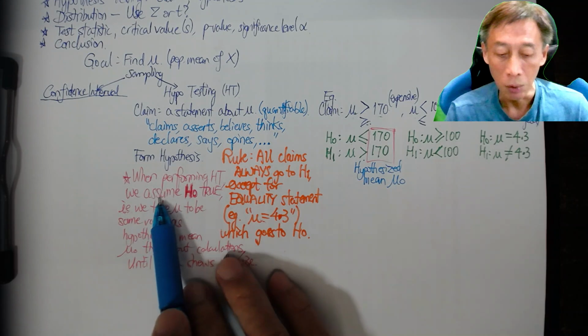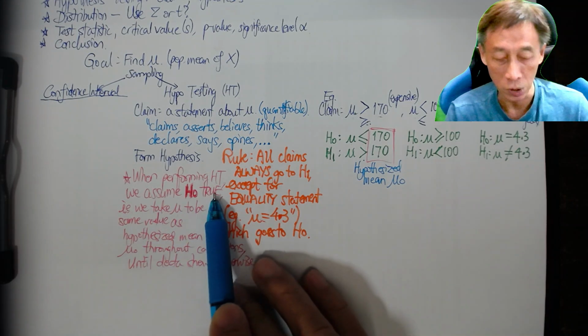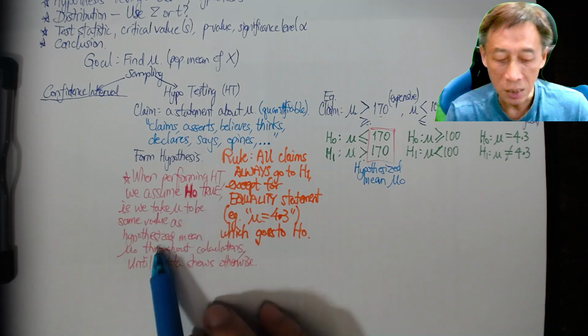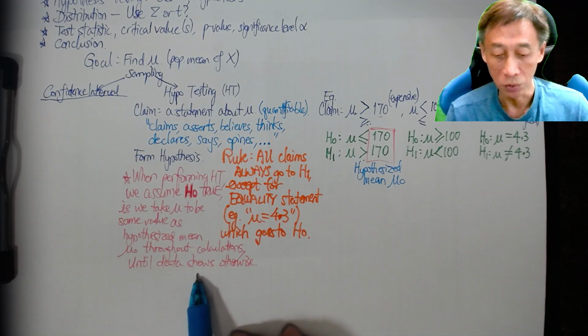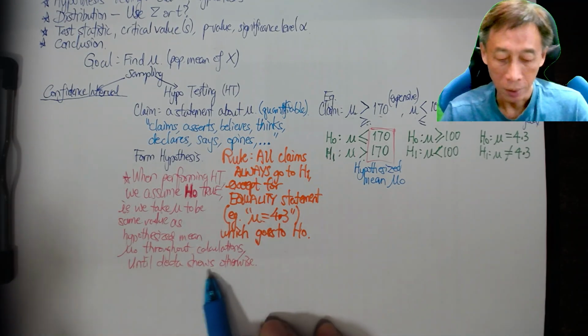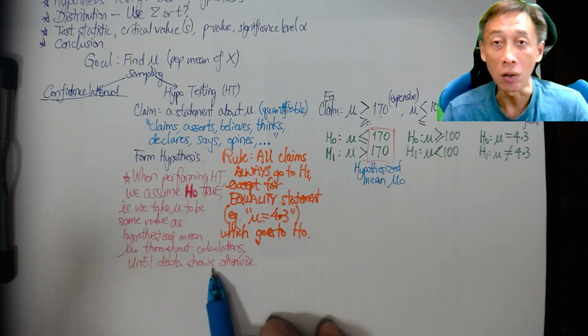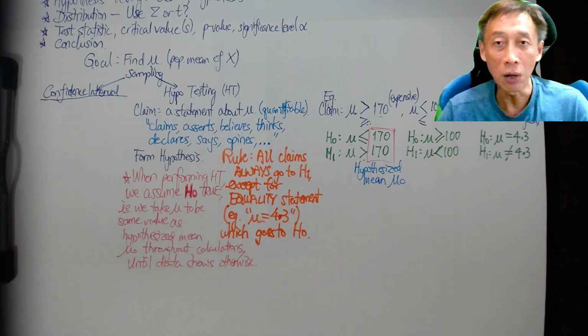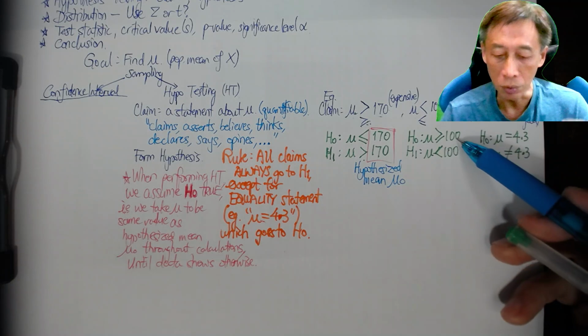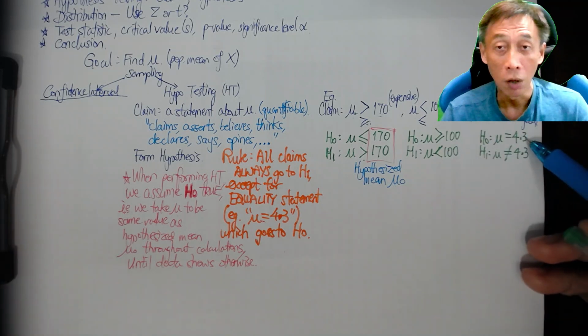That's why we say we will assume H naught to be true first, until otherwise invalidated by data. So data is so extreme that it cannot reconcile with this assumption. So we'll calculate everything based on mu equals to 170, or based on mu equals to 100, or based on mu equals to 4.3.